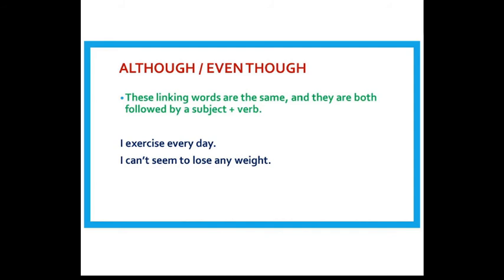Another example we can find in complex sentences is 'although' and 'even though'. It is very important for you to learn these terms. What about 'although'? These linking words are the same, and they are both followed by a subject plus verb. Look carefully: both are followed by a subject plus verb.